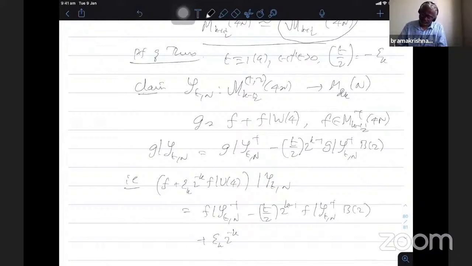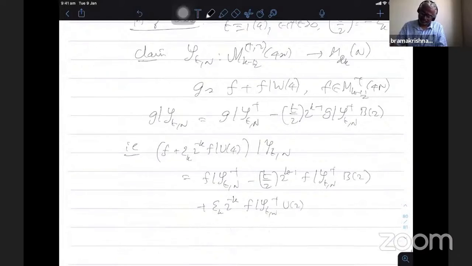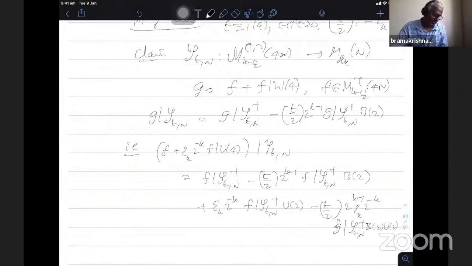So this is f bar S_{T,N} plus U2 minus T by 2, 2 power k minus 1, epsilon_k 2 power minus k, f bar S_{T,N} plus B2 U2. Am I right? I think I made a mess. One second.